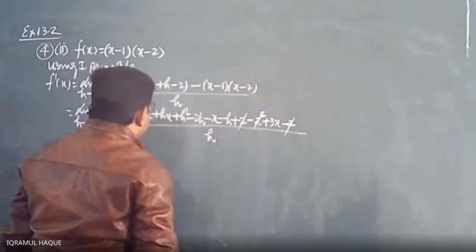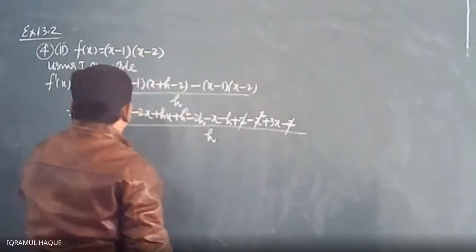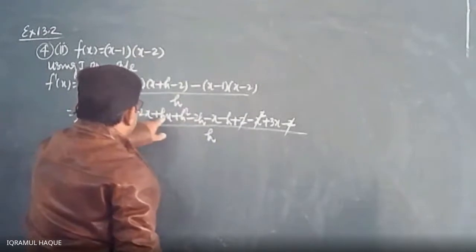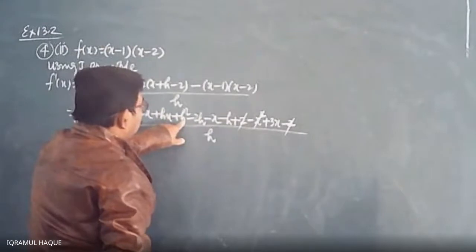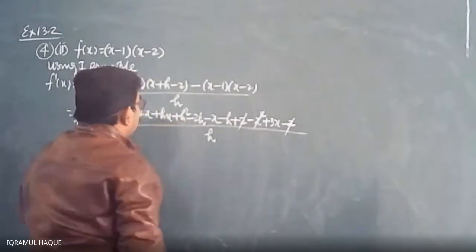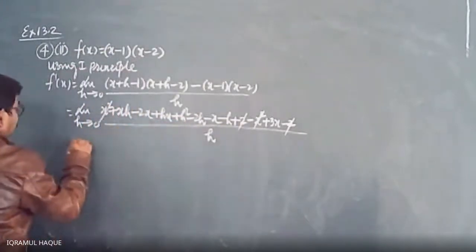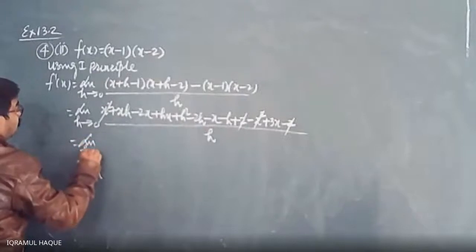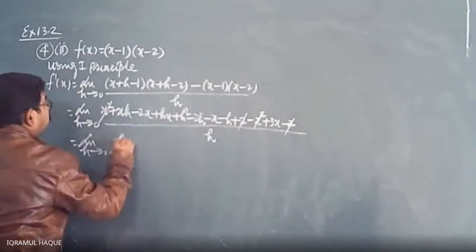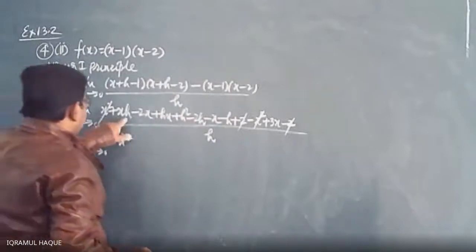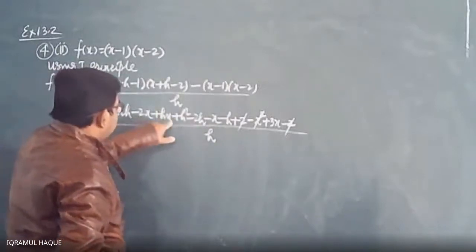Here we have hx, hx, h square, h square. So simplify, we have h square alone plus hx plus hx.